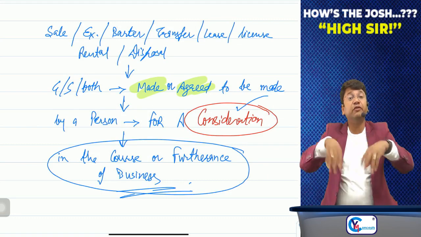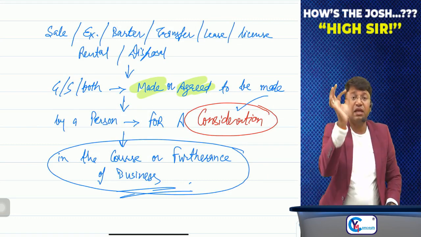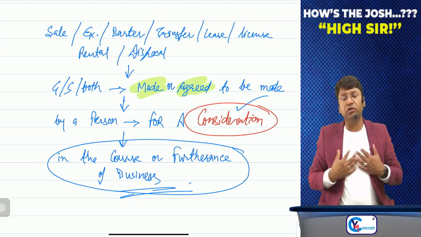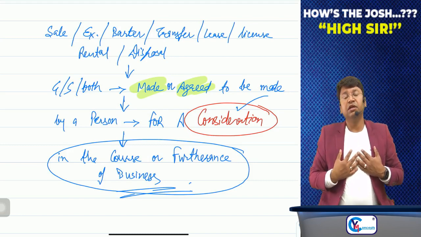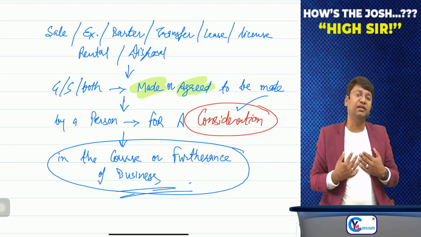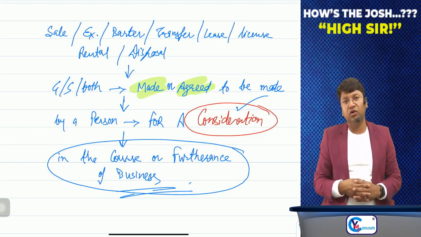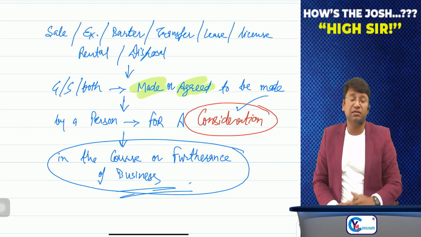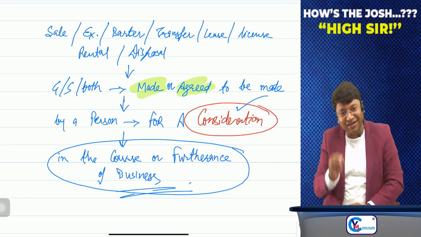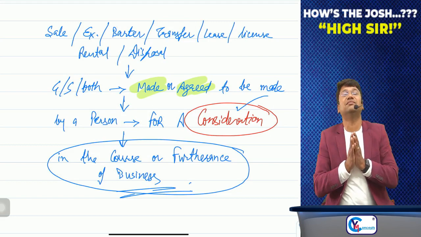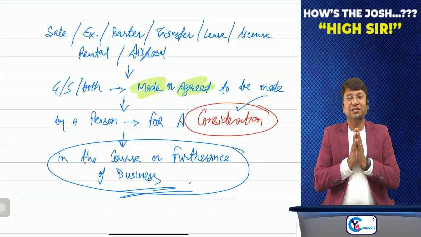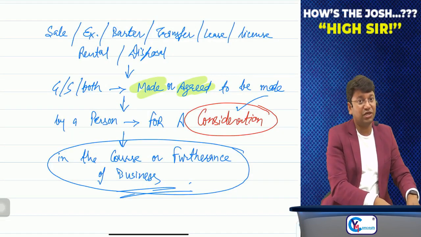Sir, supply should be for a consideration, then only it will be supply. Sir, the best example. Suppose you have donated some money for charity or in any temple. Sir, are you giving any consideration to God, that God, please, this time result should be positive?